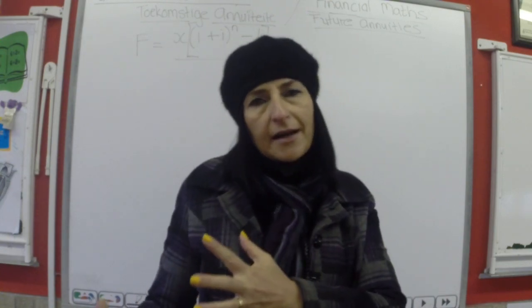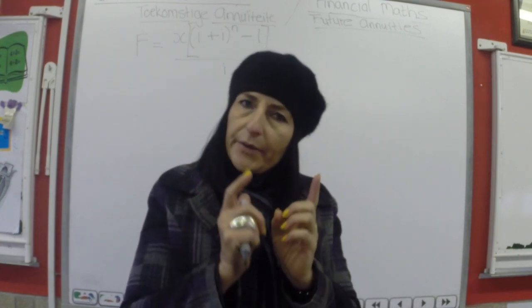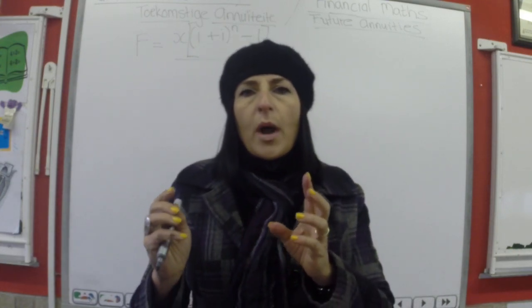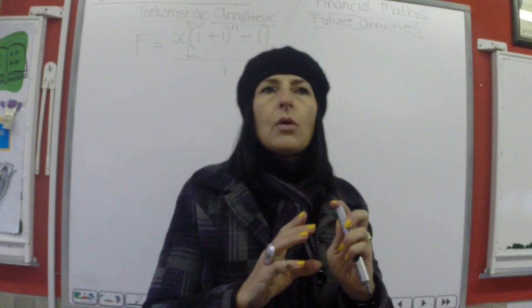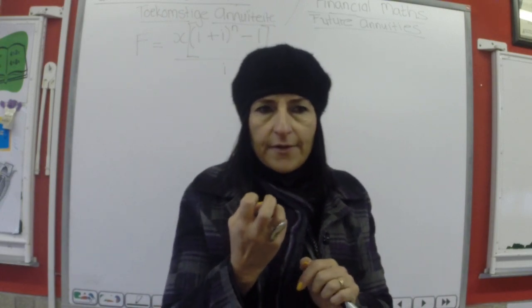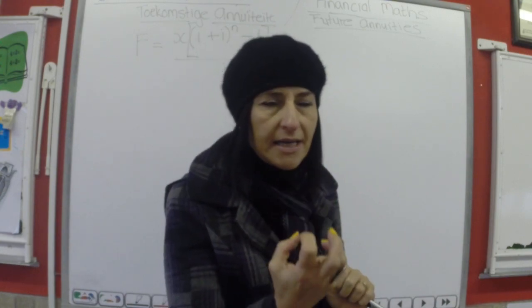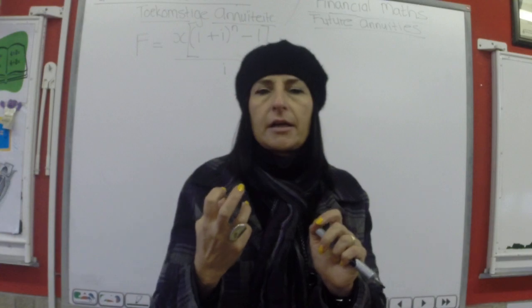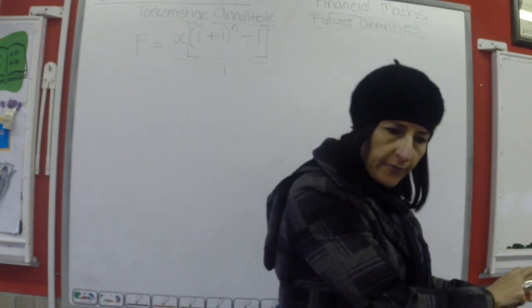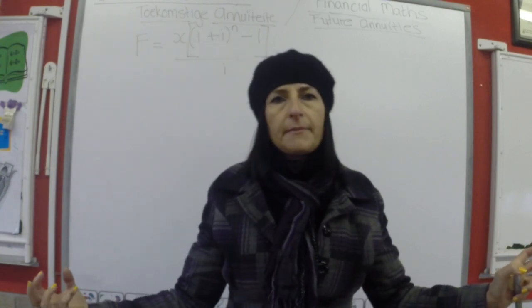Hoe weet ek watter een van die twee formules moet ek gebruik? This is now very important. When you ask yourself the question, when will I have access to the money in this scenario, at the end of the time frame or at the beginning of the time frame?